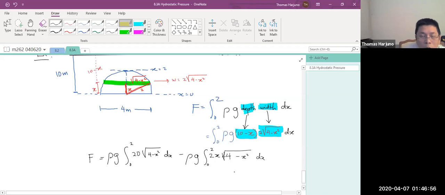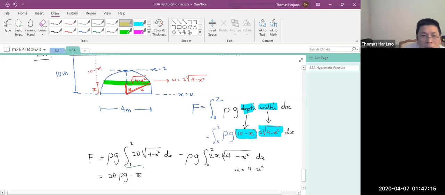Now here you will use u substitution, while the one here you can do, this is 20 rho g times pi, because that's area.